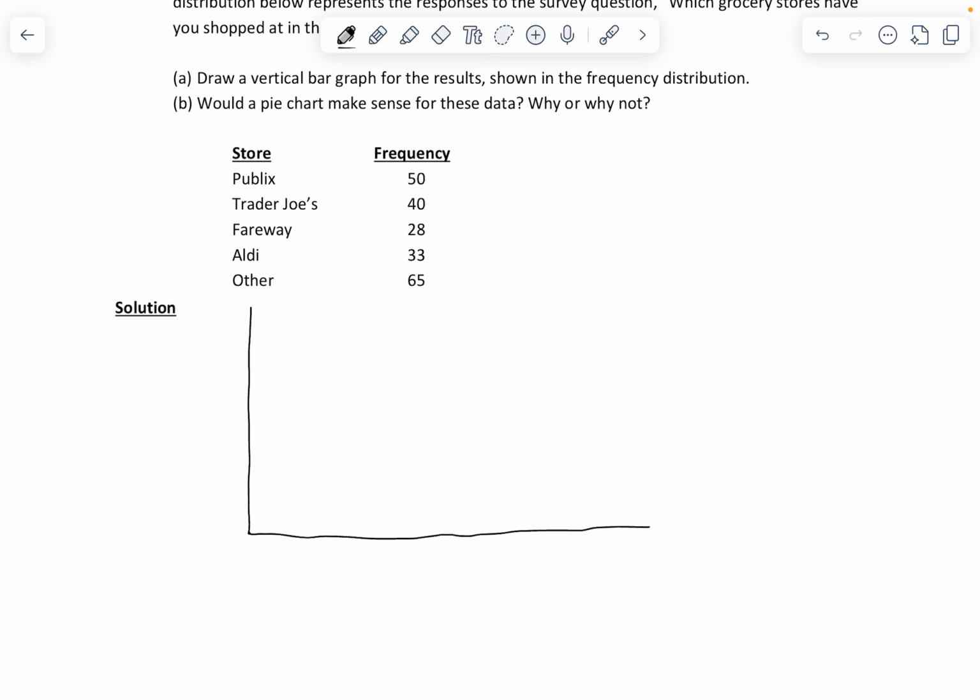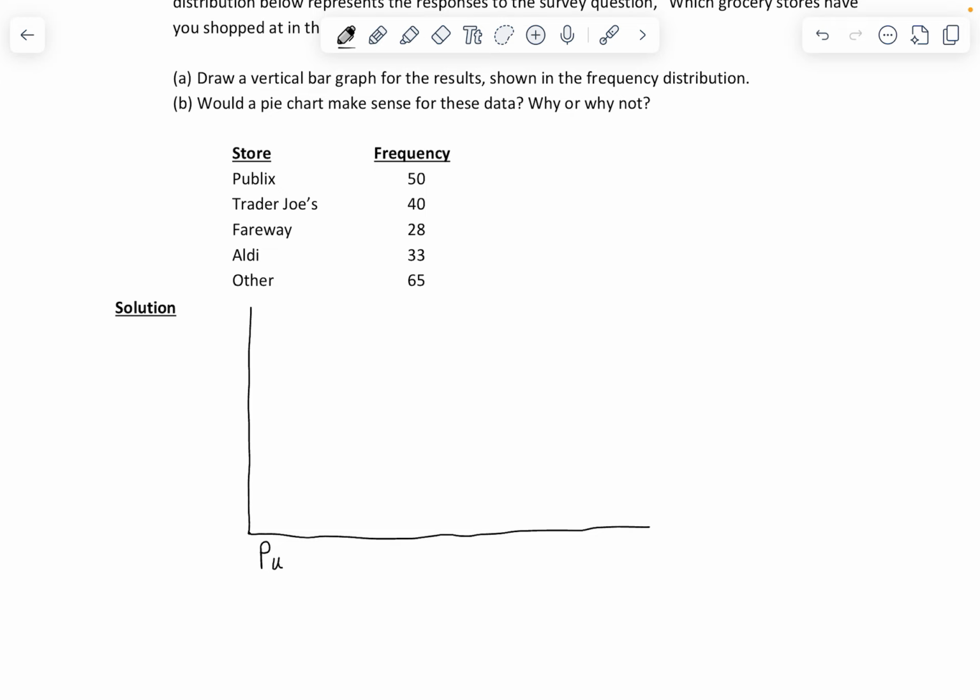So along one axis, you put the category names. I'm going to choose to put the category names along the horizontal axis, although you could put them along the vertical axis. There's no rule saying that it has to be one way or the other. Along the horizontal axis, I will have the grocery store names.